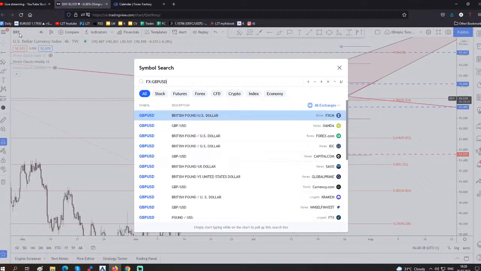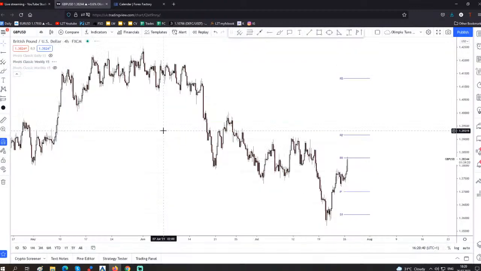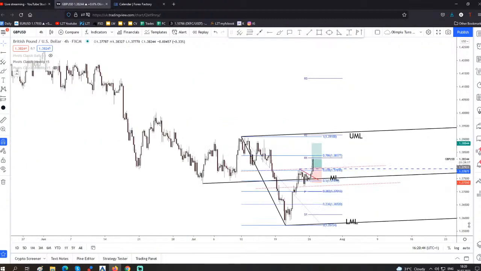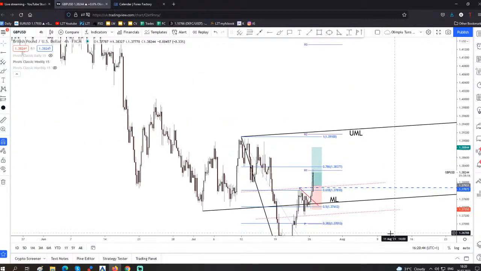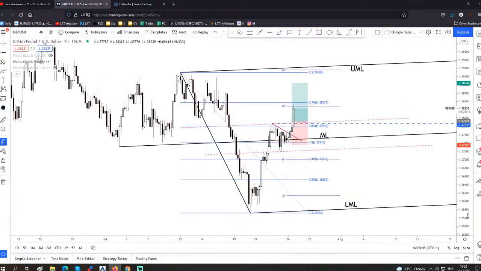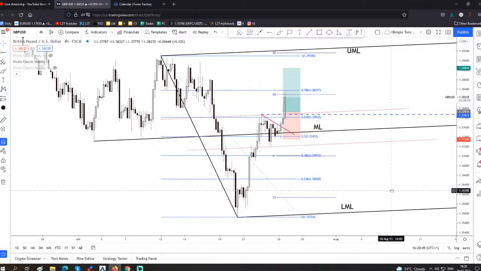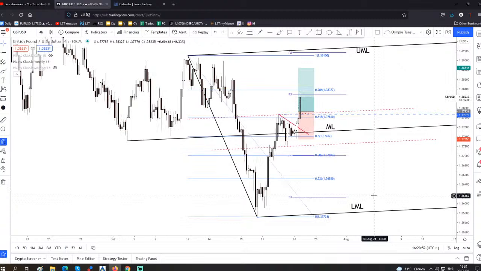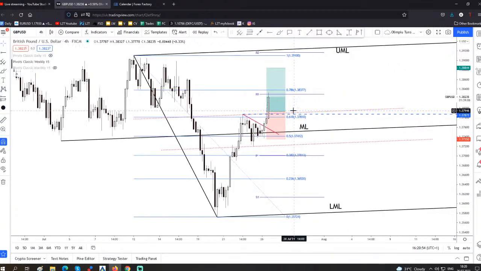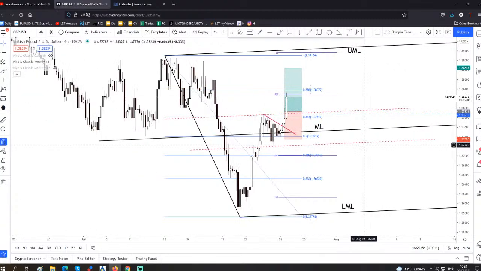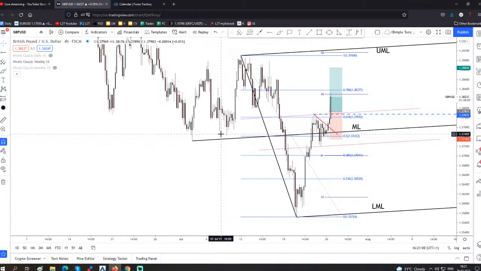Let's take a look at the GBP versus the US dollar here. This trade is really good right now, and maybe you are wondering why I decided to place a buy stop here. You can see we had an important drop, a rebound, and here something like a resistance area, former lows.